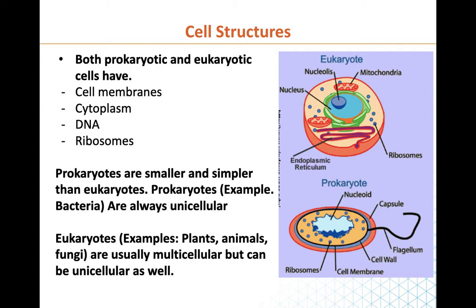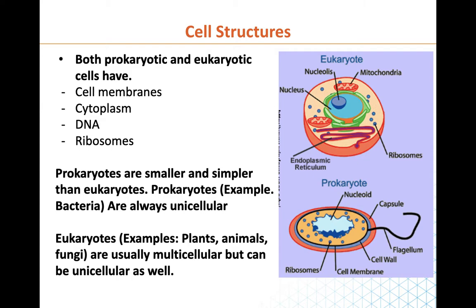Okay? When we look at eukaryotic cells, they're usually larger and they're more complex. And the fact that they have all of this complexity and all of this organization means that they are able to create more complex organisms.